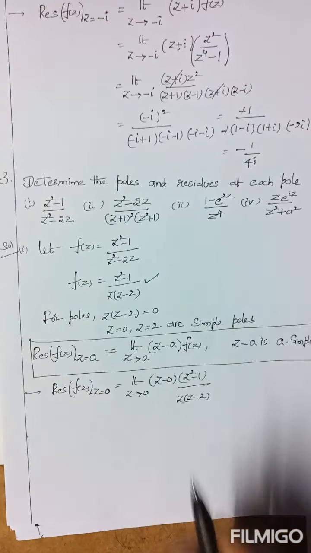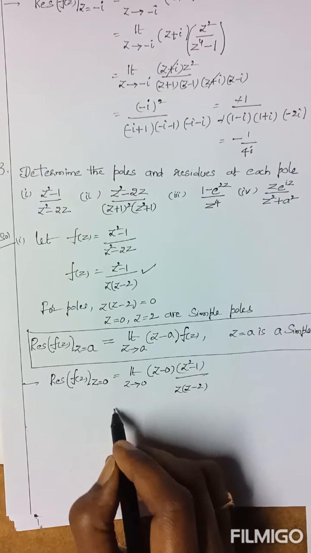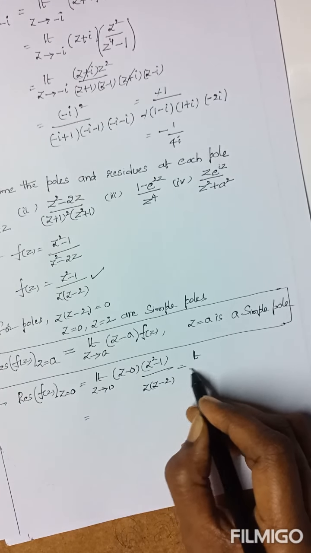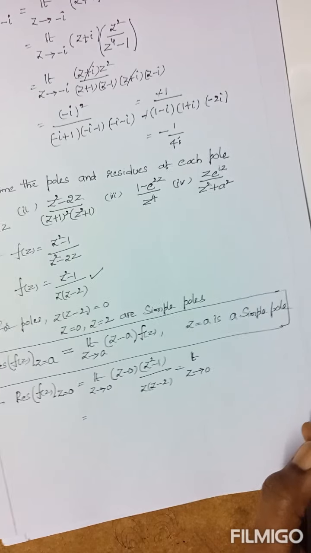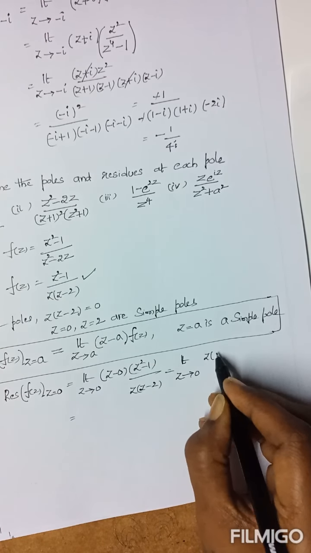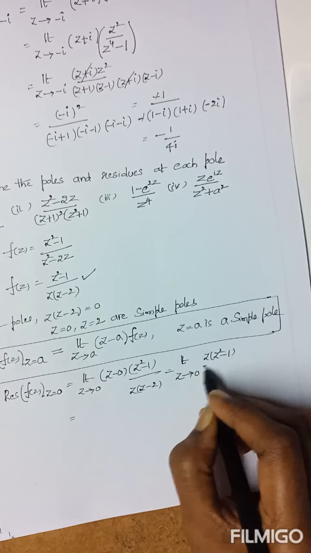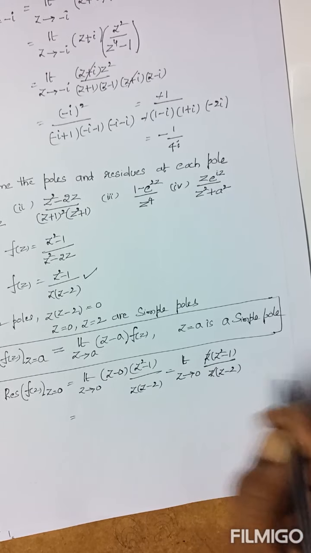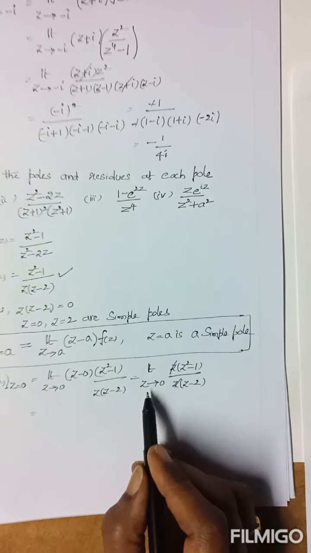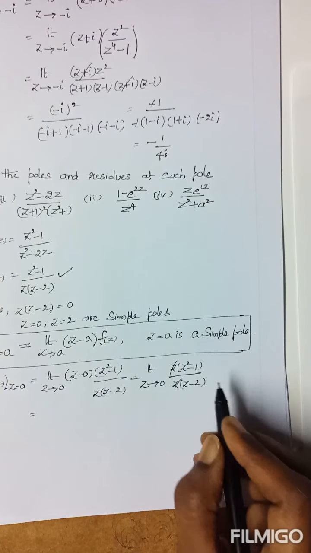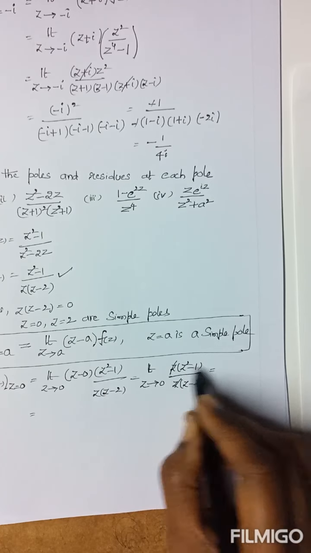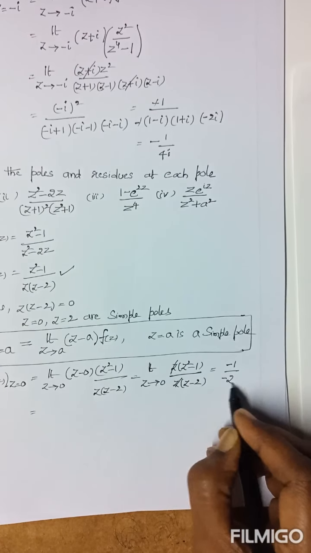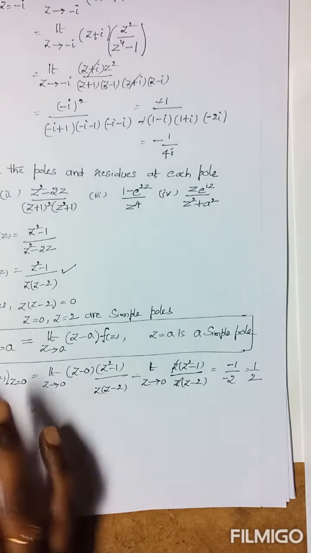Here the limit as z tends to 0, z cancels. Now you can substitute z equal to 0: numerator is minus 1, denominator minus 2. Total result is 1 by 2.